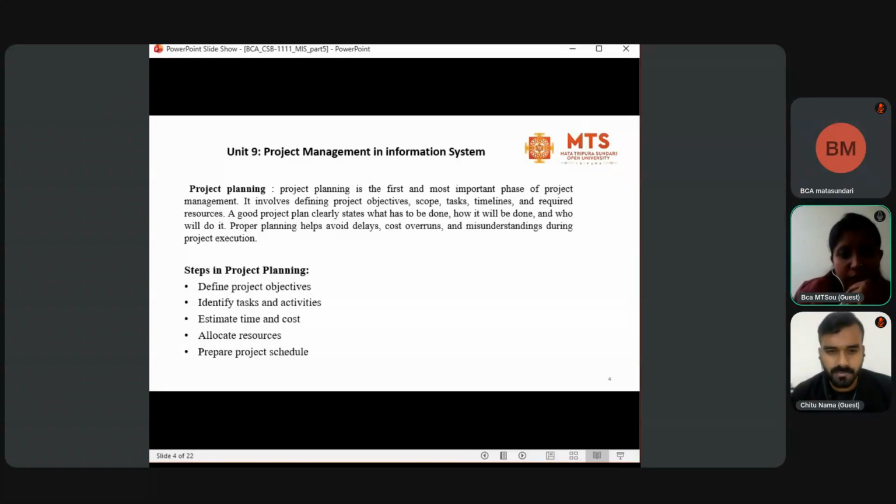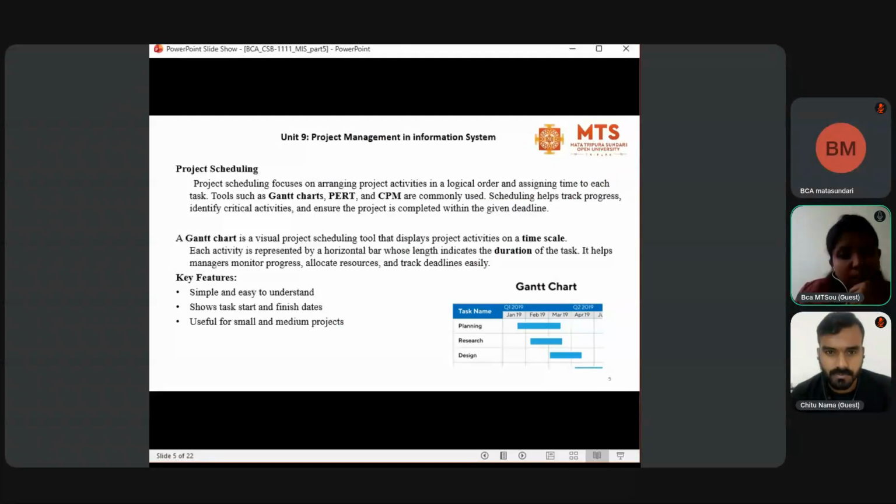So after this project planning, we have project scheduling, right? In project scheduling, we focus on arranging project activities in a logical order and assigning time to each task. Suppose in this diagram we have planning, then research, then design.